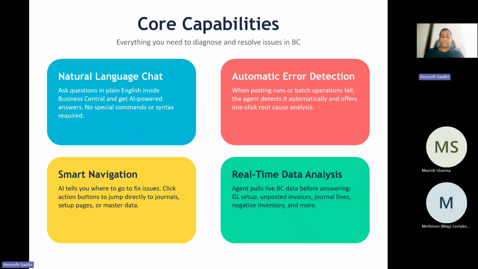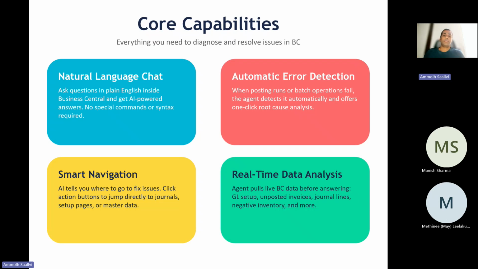Normally errors occur during the posting of transactions. At that time, if an error occurs, the Clarity AI agent is automatically activated, and it will show the analysis for the particular error.